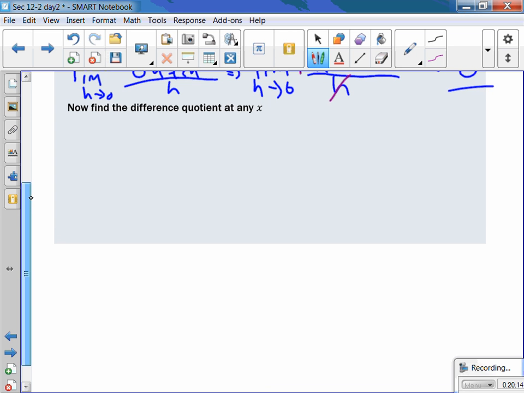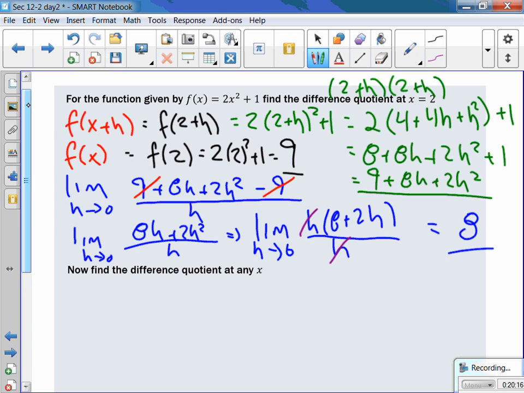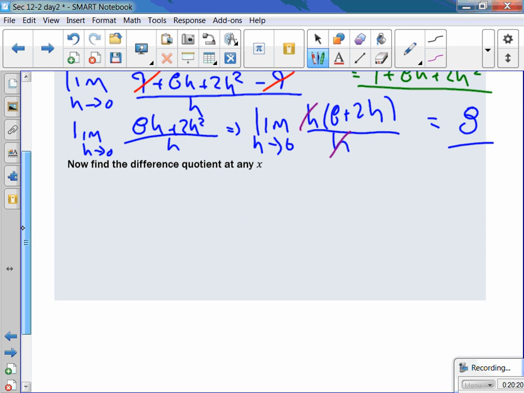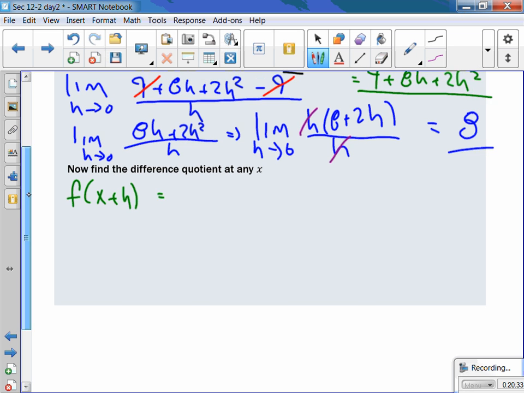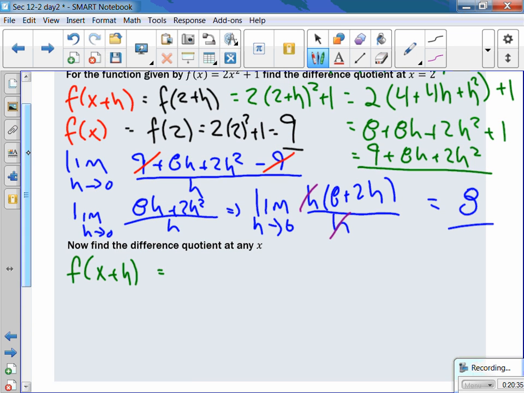But I also need f of x plus h. How do I determine that? Is it any different than what I did here? Okay, so wherever I see an x, I'm going to replace it with x plus h.